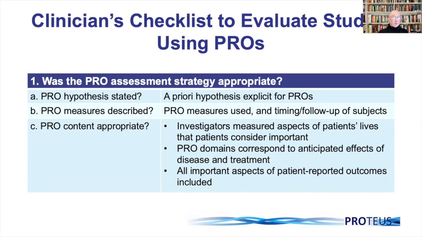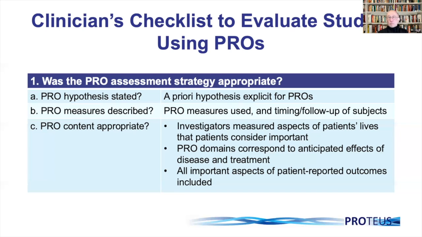Was there an a priori hypothesis that explicitly was intended for PROs? Were the PRO measures described? What measures were used? What was the timing of their use? And what was the follow-up of subjects? Was the content of those PROs appropriate?